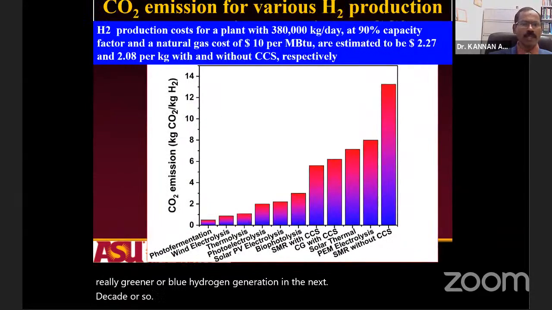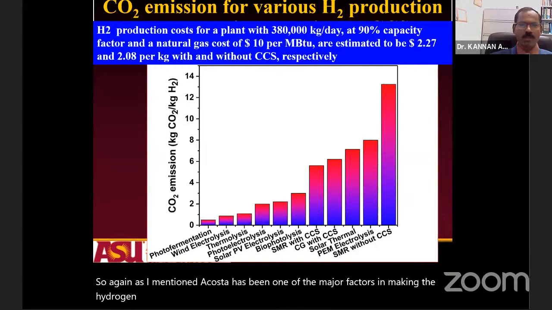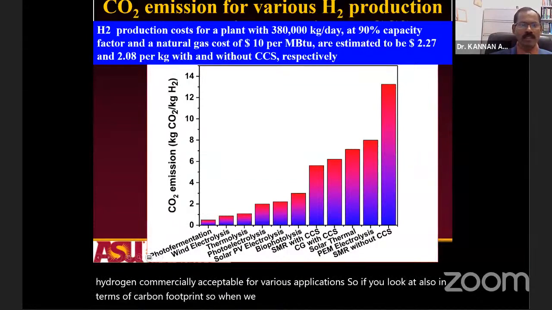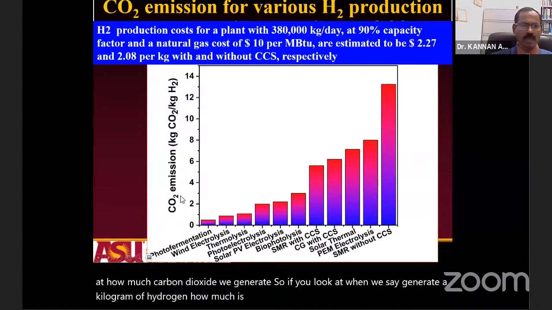So again, as I mentioned, the cost has been one of the major factors in making hydrogen commercially acceptable for various applications. If you look also at carbon footprint, when we try to produce hydrogen, we should also look at how much carbon dioxide we generate. When we generate a kilogram of hydrogen, how much is the weight of carbon dioxide coming out?